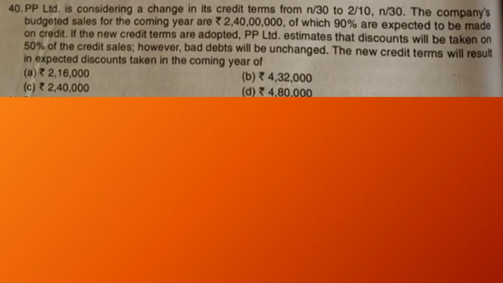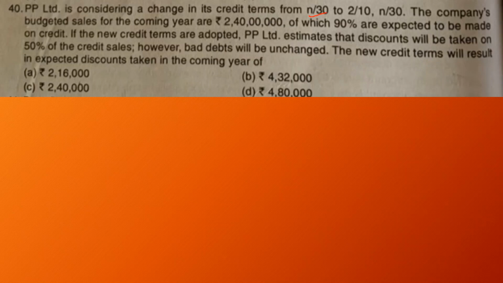So next question. Here it is given PP Limited is considering a change in its credit terms from N30 to 2/10 N30. N means net, 2/10 net 30. That means what did they have earlier? Normal, they had net 30, meaning no discount, with a due date of 30 days.